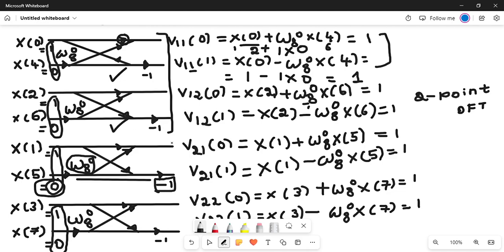And my second 4 point DFT is clubbing this x of 1 and x of 5 with this x of 3 and x of 7. When I club this DFT and this DFT, I would be clubbing these 2 point DFTs to get my resultant, another 4 point DFT, right?